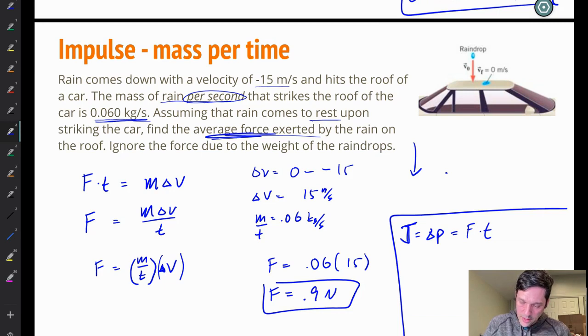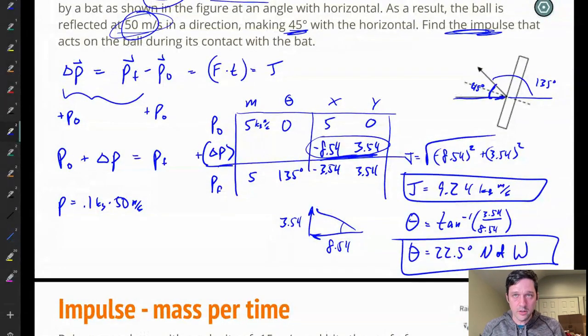The integral of force with respect to time for a varying force over a period of time will tell us the change in momentum. And because this is a vector, we can do vector addition or vector subtraction as needed if things are moving in one direction and then change the direction. So effectively, we've got two-dimensional motion happening with impulses.